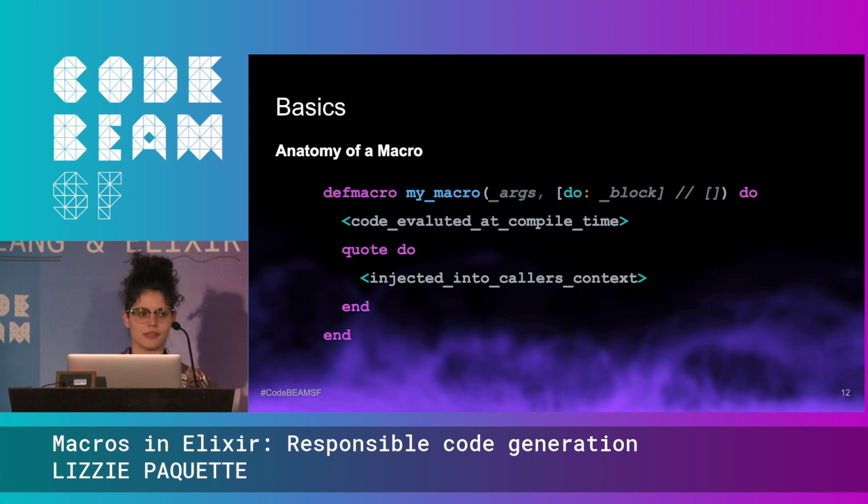If you're doing some dangerous or non-deterministic stuff, you could really increase your compile times and maybe not compile at all. And the code injected into the caller's context is totally unchecked. There's nothing there to validate that what you're injecting is right and reasonable code, or even valid in its structure at all.